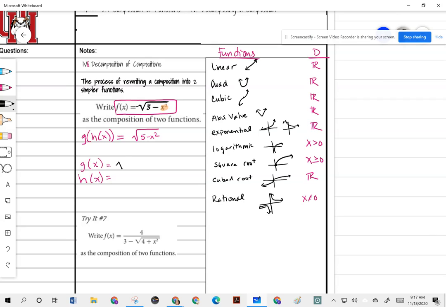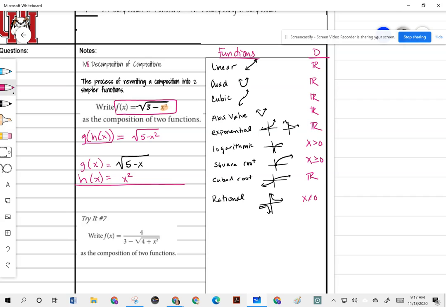So I'm going to let my g of x be the square root of 5 minus x, and then my h of x function I am going to let be x squared.